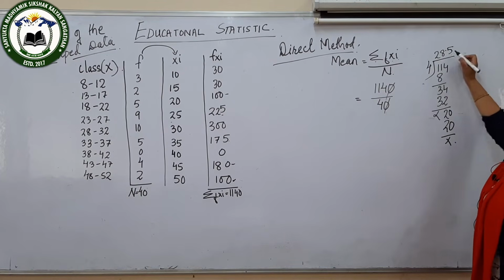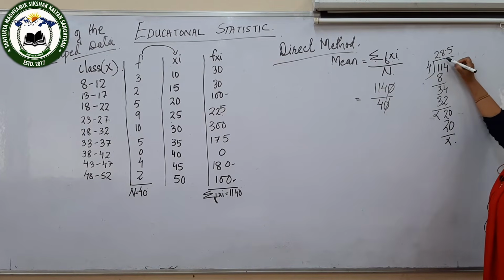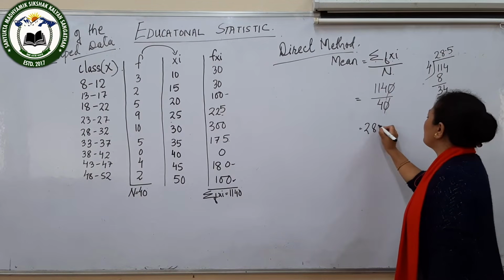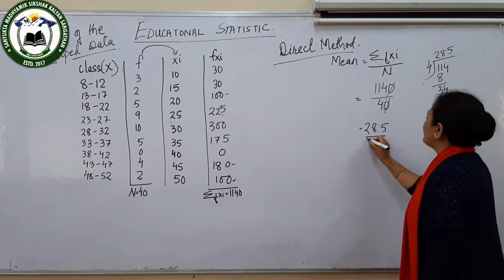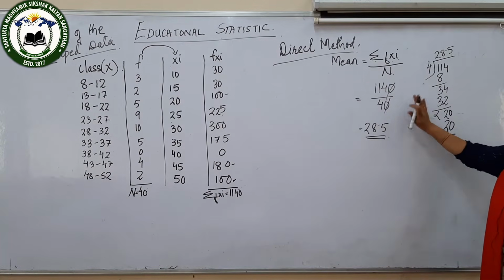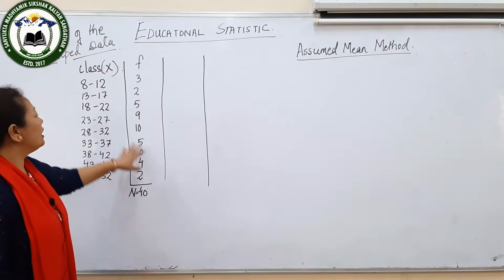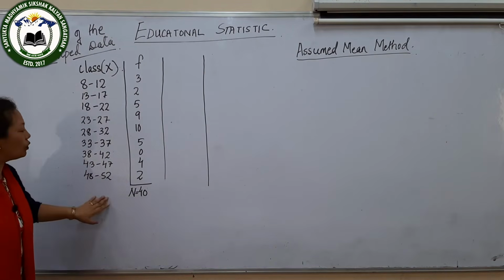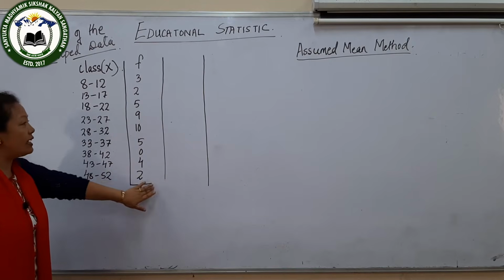So now we got the answer: 28.5 is my mean. That is the real mean of this series. Okay. Now again over here we have the same score and the same frequency.